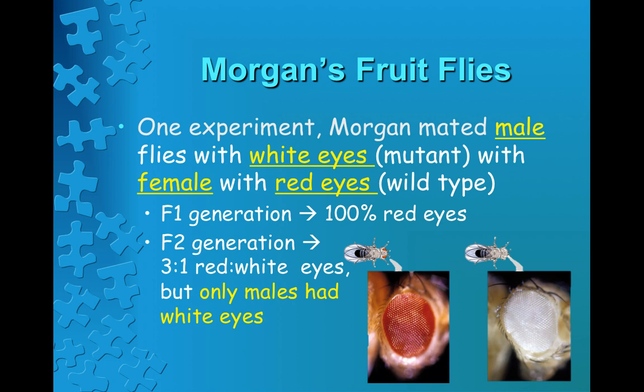He then took 2 individuals from that first filial generation, mated them together, and looked at their offspring. In that F2 generation, he got that normal Mendelian 3-to-1 ratio, but what he noticed was all the mutants, so that 1 in 4 with the white eyes, were all male.